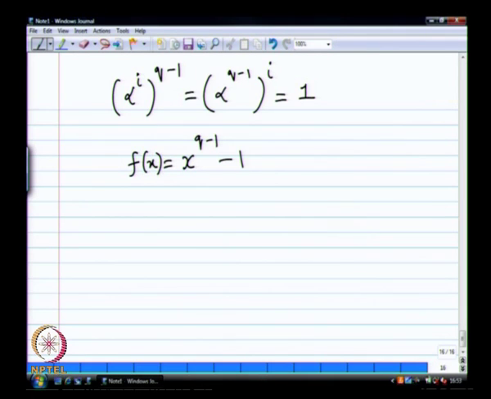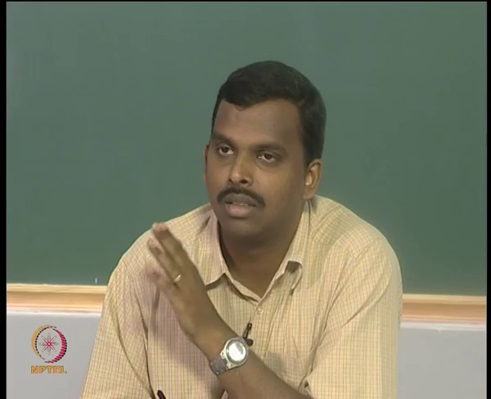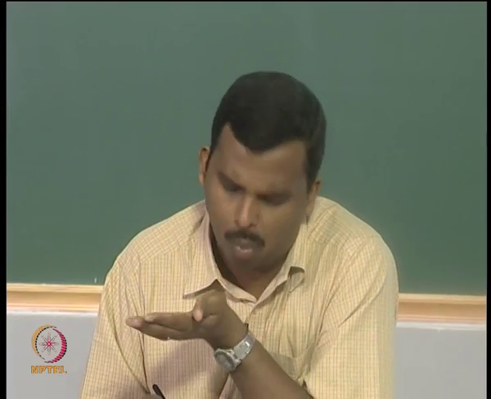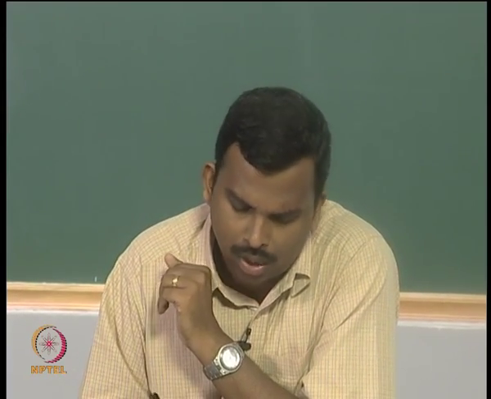You can easily show that for all i equals 1, 2, so on till q minus 2, in fact even q minus 1, why not, f of alpha power i is equal to 0. I do not even need order, I do not know why I suddenly got diverted into order. All you need is basically alpha power q minus 1 is 1. So, any alpha power i, when you raise it to the power q minus 1, it becomes 1. That is the only thing you need. So, your f of alpha power i is 0.